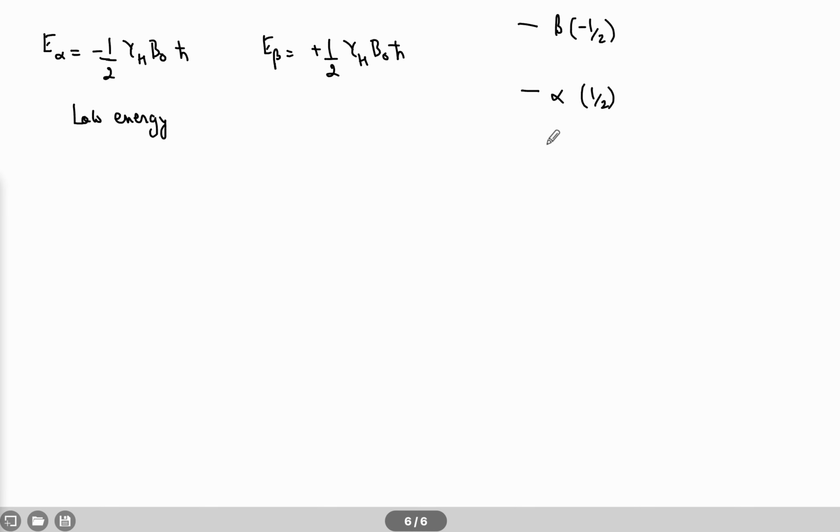But this is true only for gamma greater than 0, that is the positive gamma nuclei. If you take negative gamma nuclei, for example 15N, this alpha beta is reversed, and this is high energy.